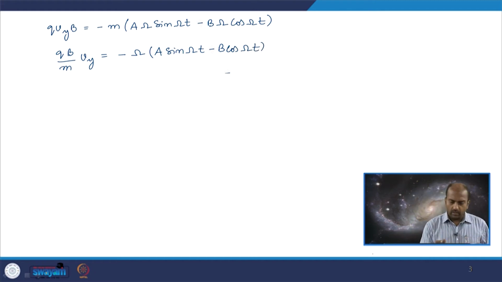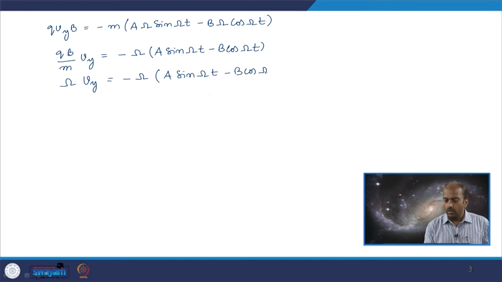So, in that case we can write Vy qB by m is omega is equal to minus omega A sin omega t minus B cos omega t. So, we write Vy is equal to minus A sin omega t minus B cos omega t.